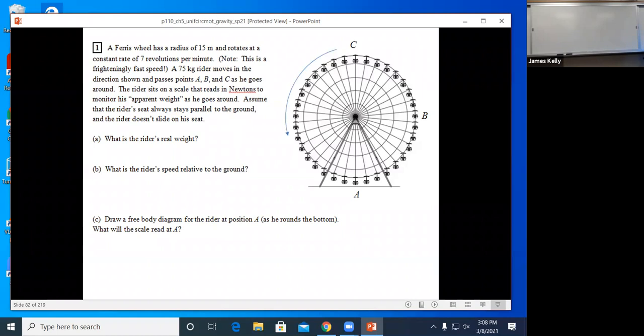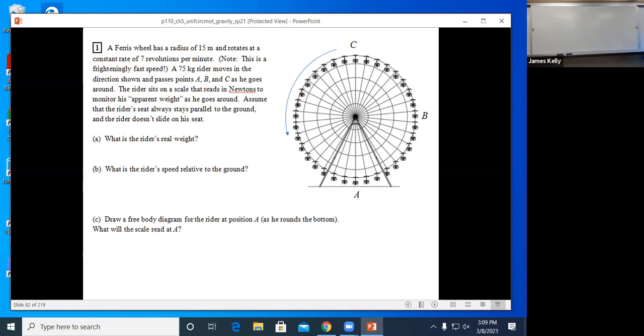So let's do A and B together. This again is a case where someone is sitting on this Ferris wheel, and the Ferris wheel is moving around at a constant rate. That means the person riding on it is executing uniform circular motion.